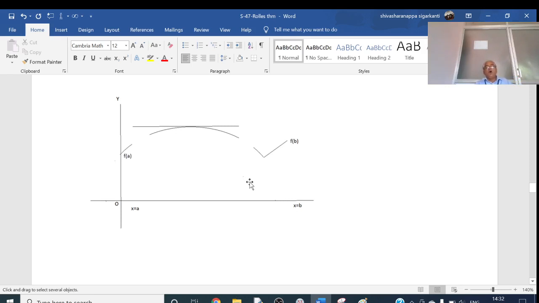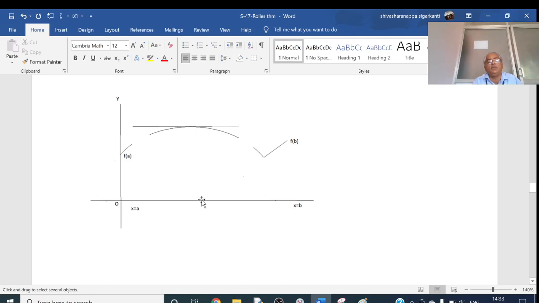So all these three conditions are not satisfied, even though see there is a point here. At this point we can draw the tangent to the curve, and this is parallel to x-axis. Therefore, at this point we have f dash of c equal to 0.